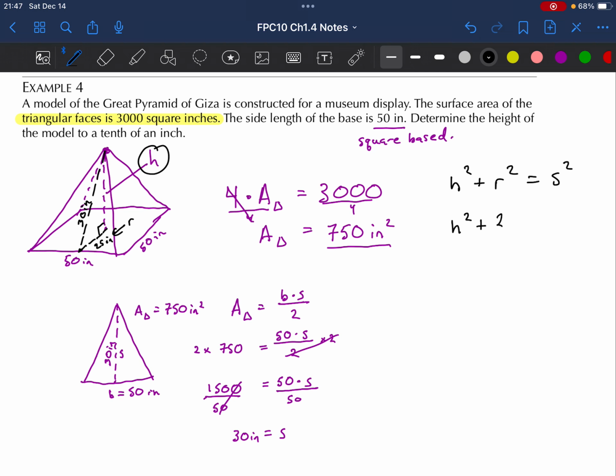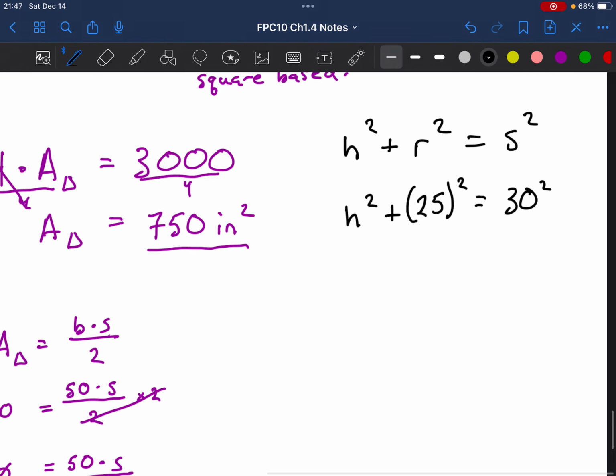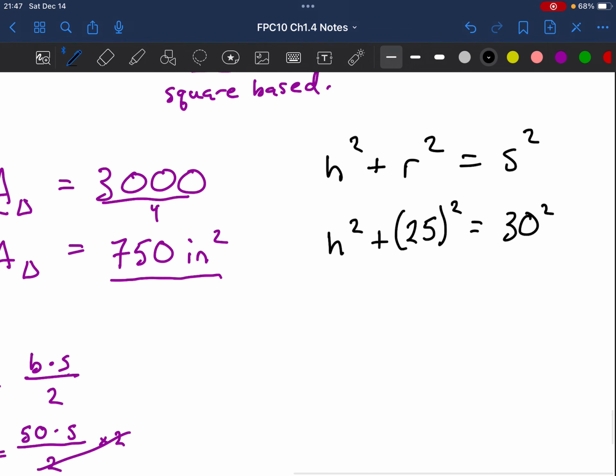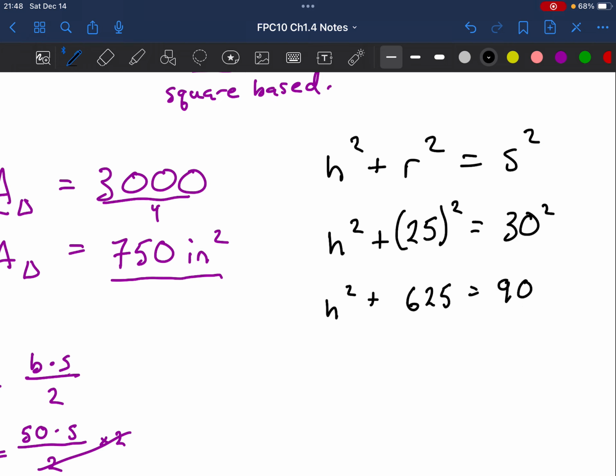My radius is 25. I have to square that. It is equal to 30 squared. All right, so let's focus on this. 25 squared is equal to 625. 30 squared is equal to 900. Now I'm adding 625 right here.